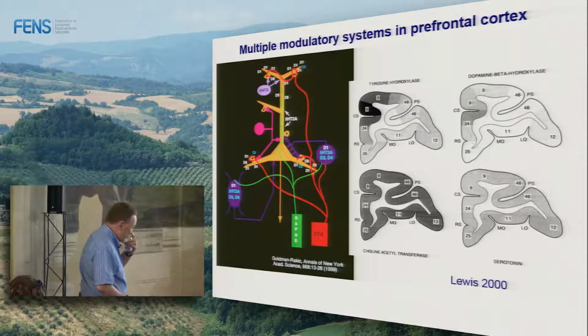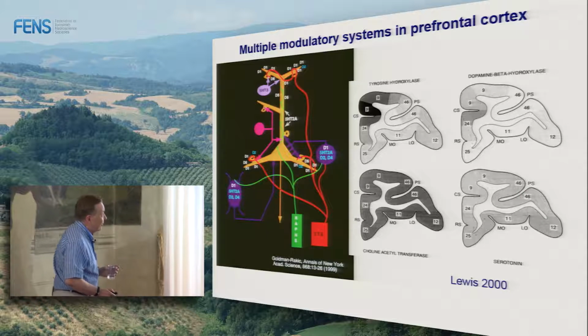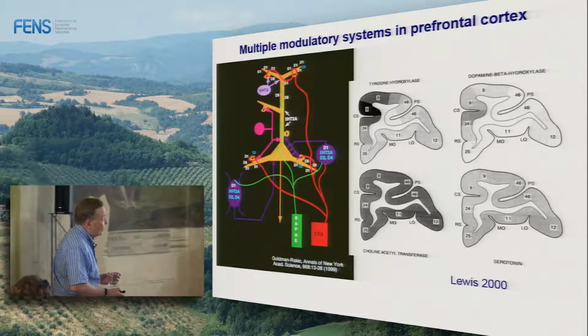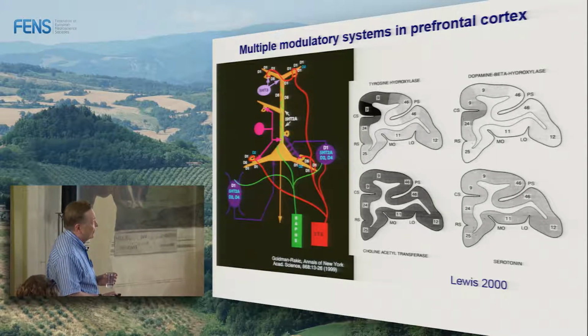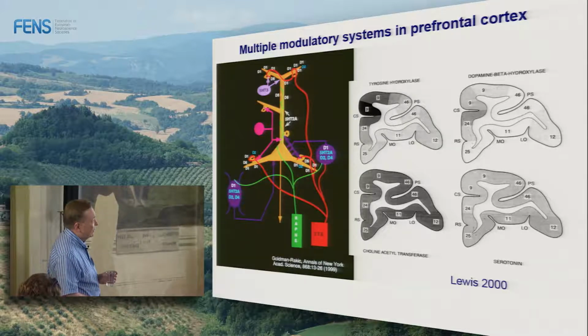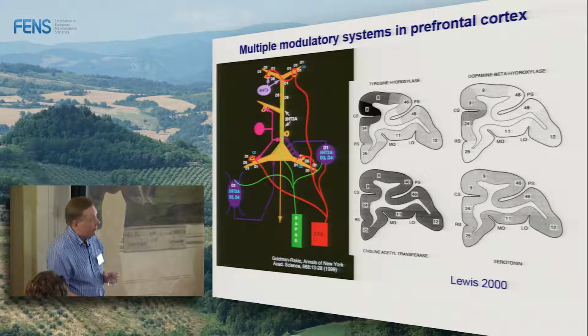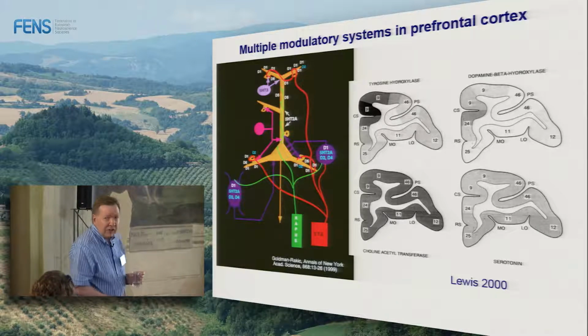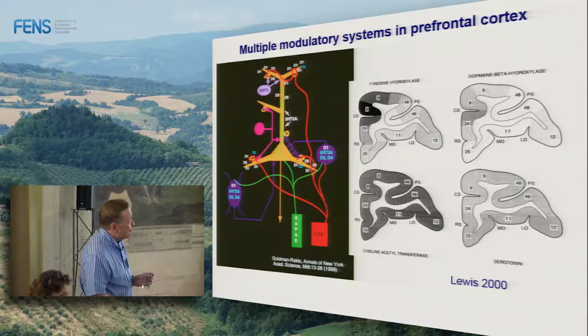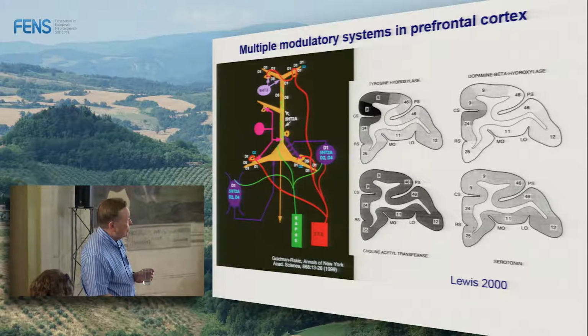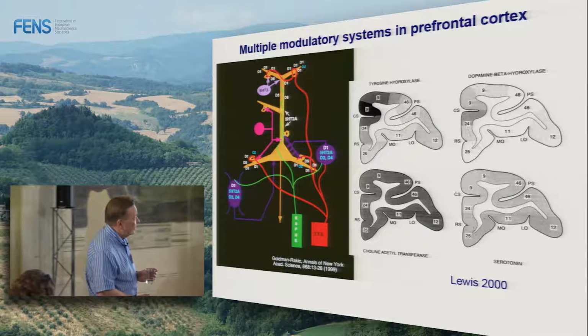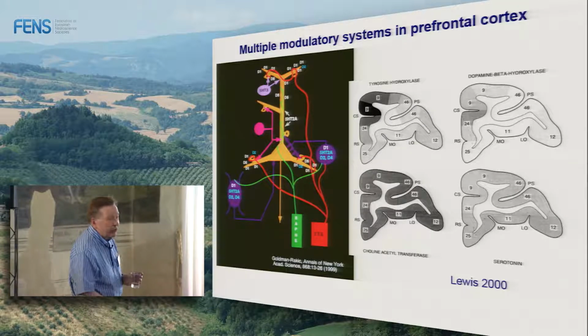So how do these systems plug in to the cortex? So this is a pyramidal cell, and this shows the dopamine D1, D5, and some of the 5-HT receptors in pyramidal cells in the cortex. And I'm going to say a bit more about those later on, but you'll notice that they're present on pyramidal cells, but they're also present on interneurons, and they can affect transmission in a variety of ways.